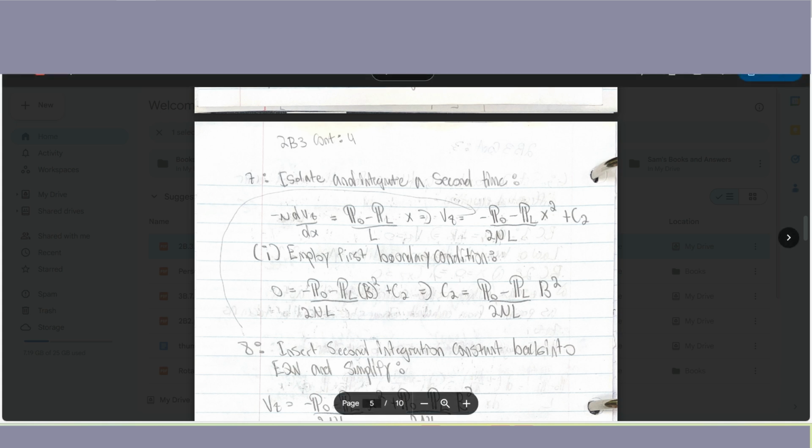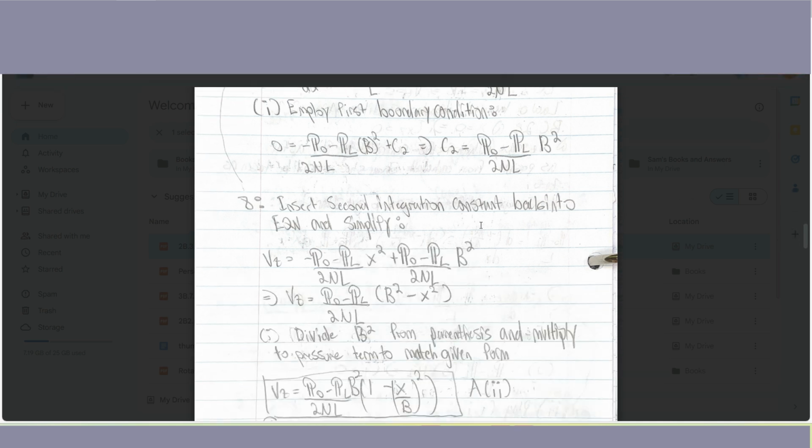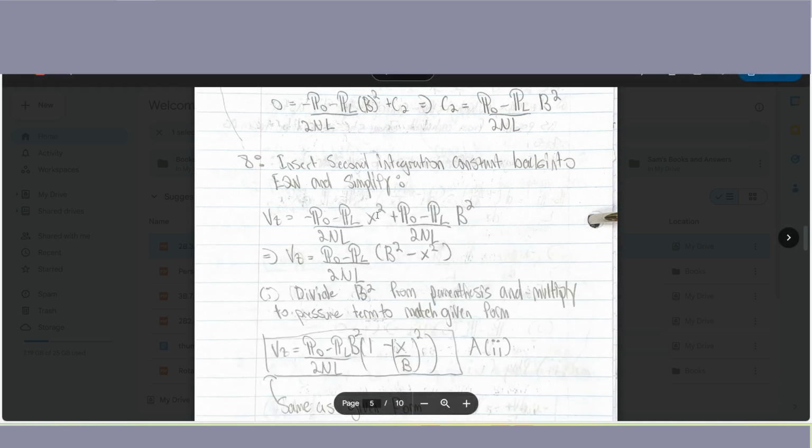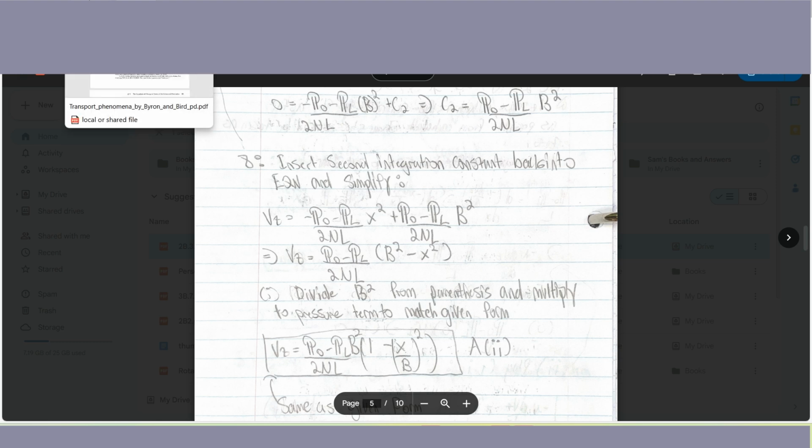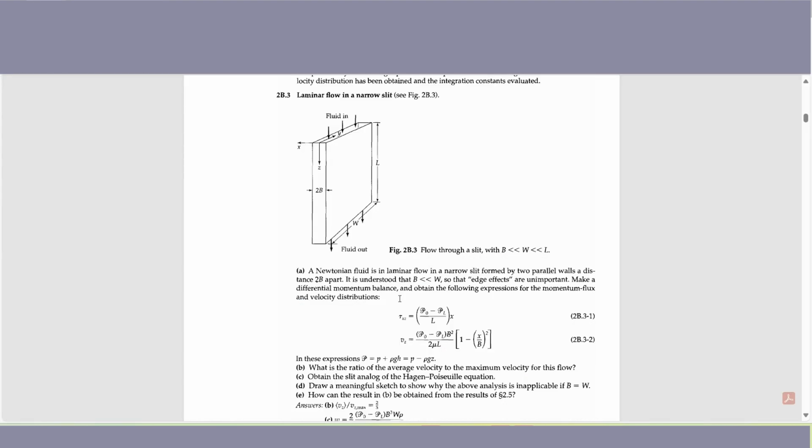Isolate C2, you get this, and then you just insert this back up here. You get this, and then you want to factor out a common thing. So I just factored out this pressure conglomerate thing. And then from here, I'm just trying to get it into this form. So I divide b squared out of the parenthesis and multiply it up here.